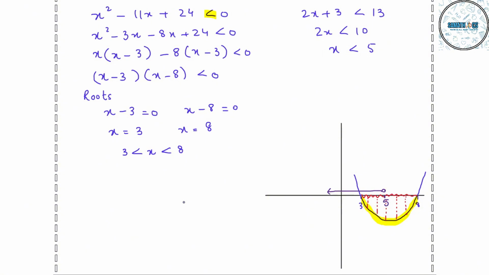So the values of x which satisfy both the inequalities are x is greater than 3 and less than 5. The values from 3 till 5 are the values of x which satisfy both the inequalities. So our solution set is x is greater than 3 and less than 5.